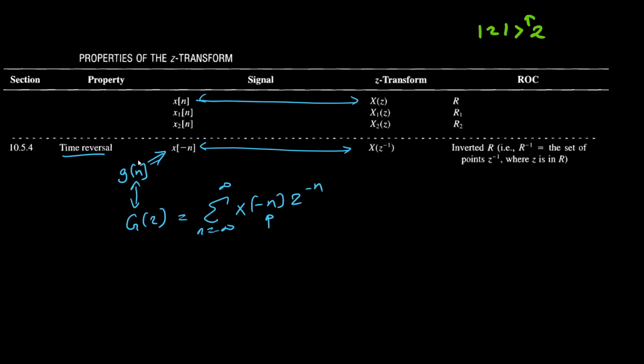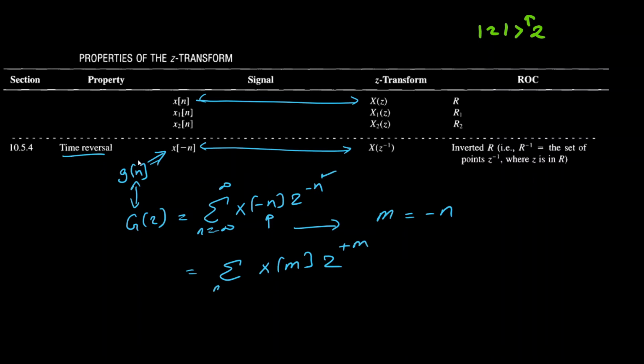But the argument of x right now is not in a standard form, so we need a change of variable. So say we set m, which is equal to minus n. So in this case we would have x of m z to the power plus m.